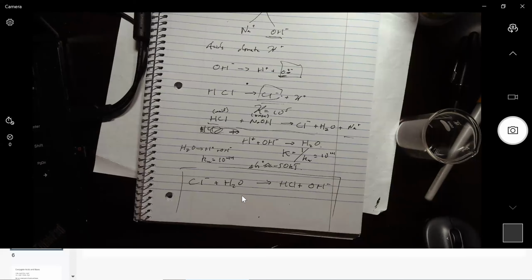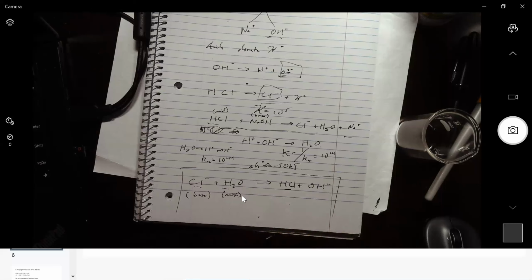You can see that Cl- is accepting an H+ to form HCl, right? So this is the base. And here H2O is donating a proton to form OH-. So this is the acid.